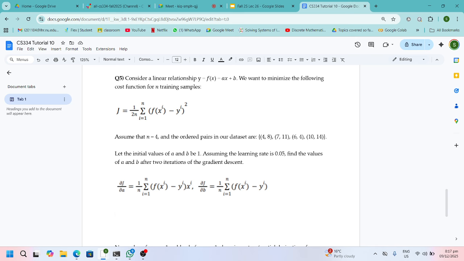So let's do this. For the very first instance, eventually you multiply it with 1 over 4. हम इसको, we can just divide the entire thing by 4 at the end as well. With respect to a. So first we're doing this for a.